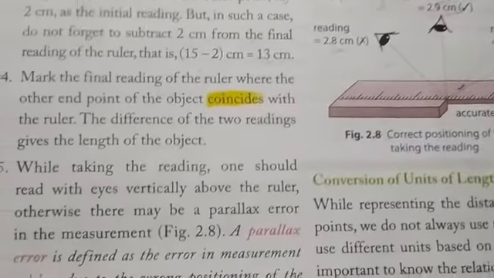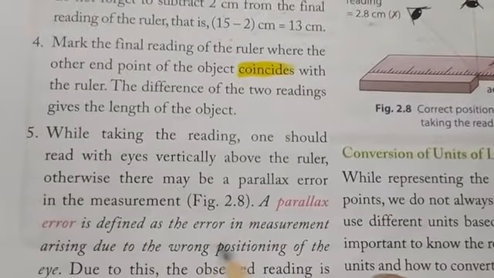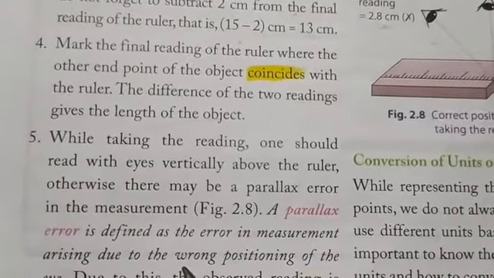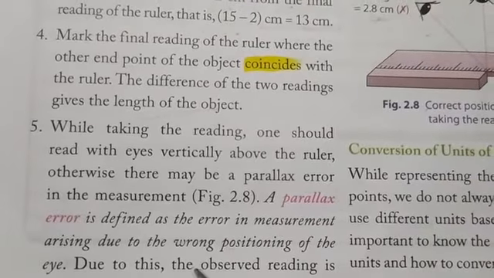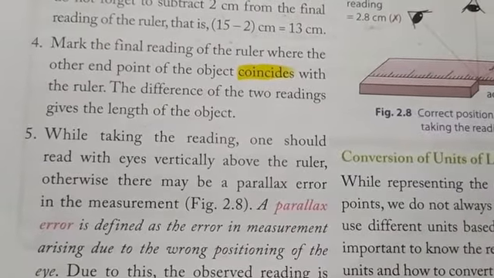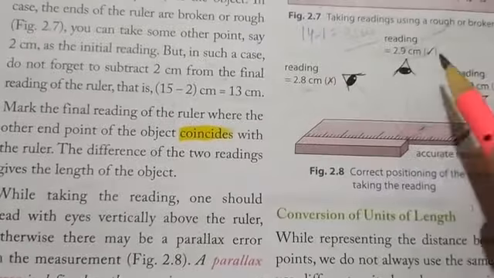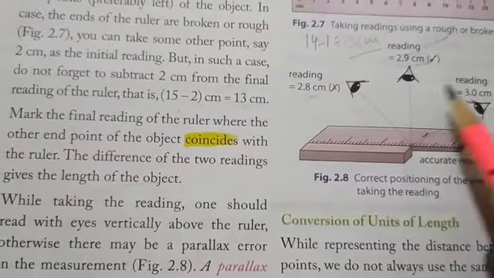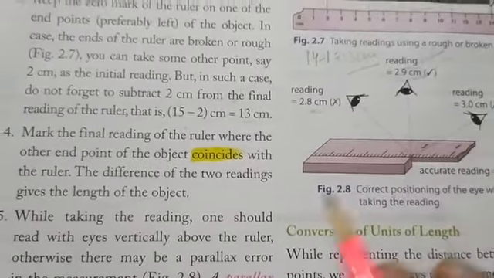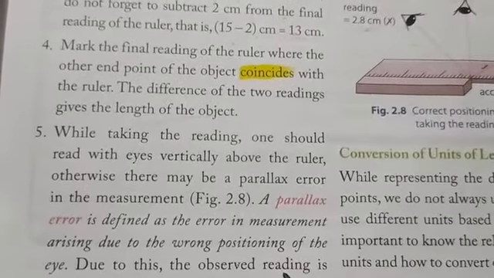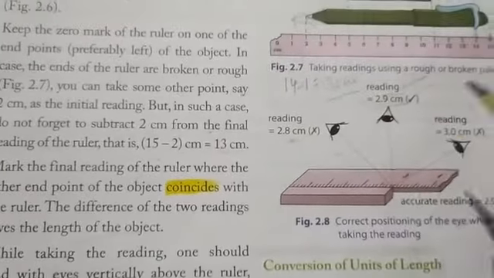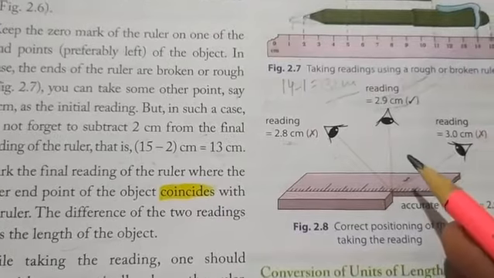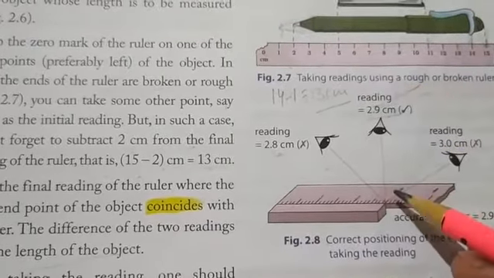So what is parallax error? Parallax error is defined as the error in measurement arising due to the wrong positioning of the eye. So due to this, the observed reading is always slightly more or less than the actual reading or the correct reading. As we can see, this is the correct reading.